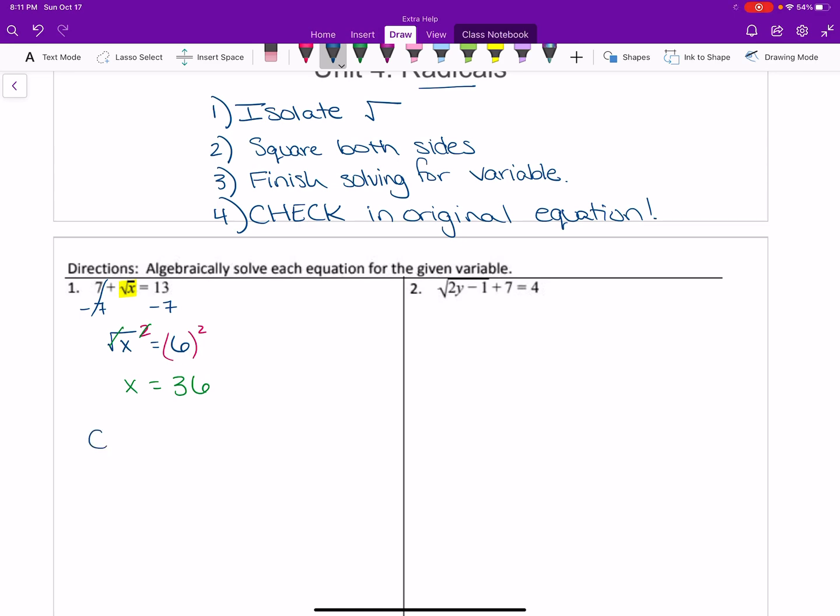So here, my original equation that I'm going to use is 7 plus radical x equals 13. I'm going to take the 36 we just got, plug it in for x.